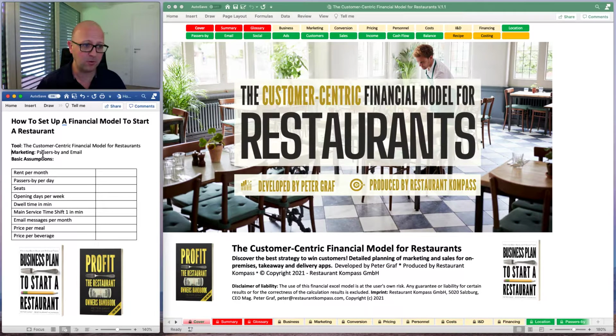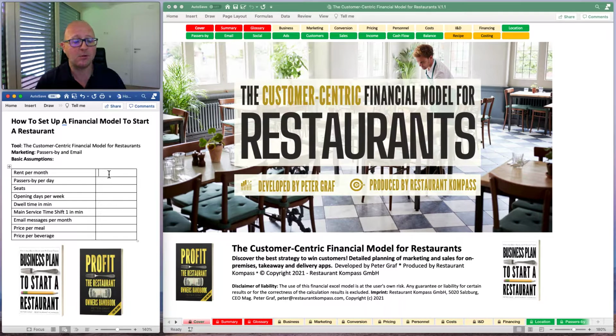The main focus in our example is that we build on passers-by. So we need a location with some frequency of passing people, and we add email marketing to enhance our customer frequency.